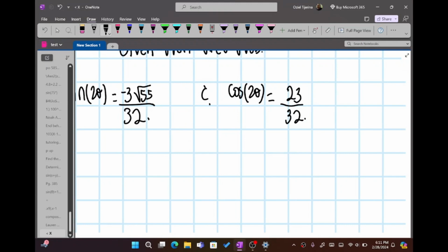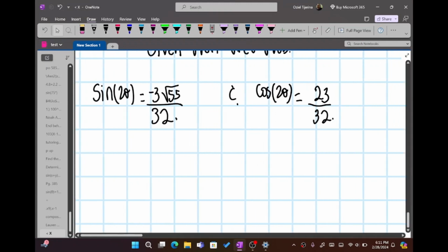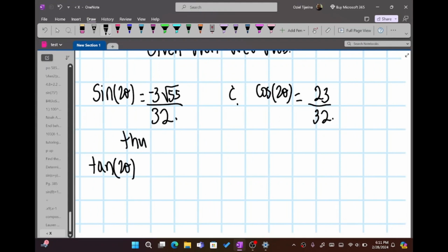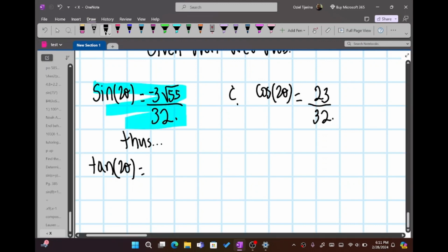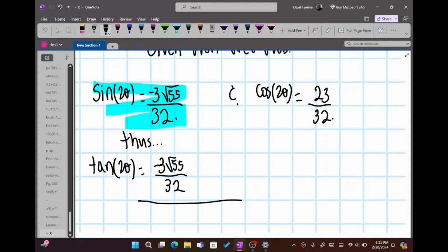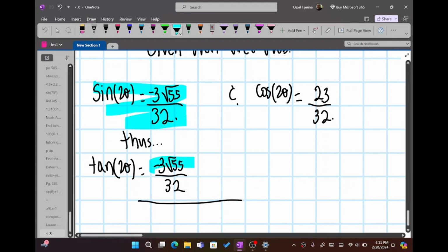Now we're just gonna go ahead and clean this up. So tangent of 2 theta is equal to negative 3 square root of 55 over 32, over the cosine of 2 theta, which was 23 over 32.